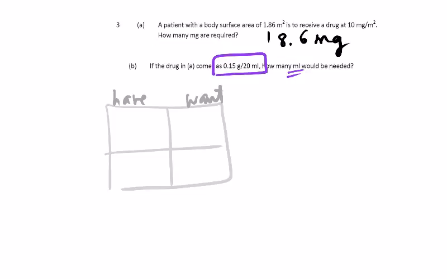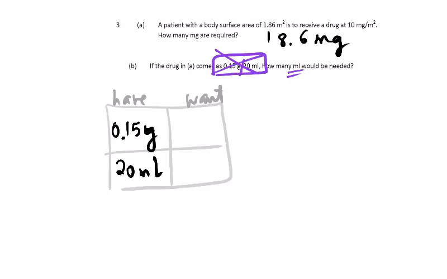So the have is very clear here again, because we have two quantities separated by the per, the slash. So we could enter straight away 0.15 grams per 20 mils. So that information has been entered. We don't need to worry about that anymore.